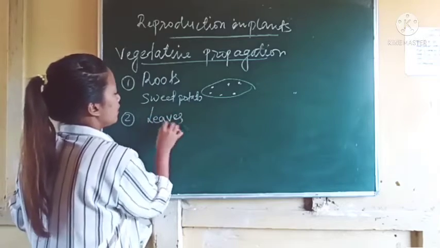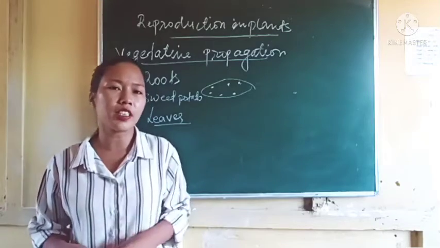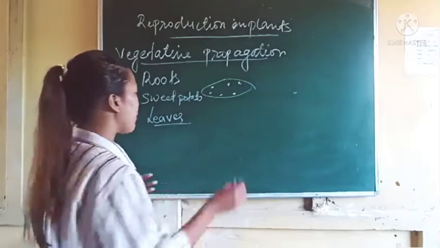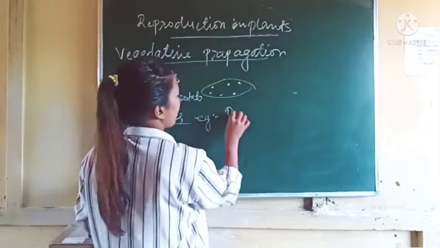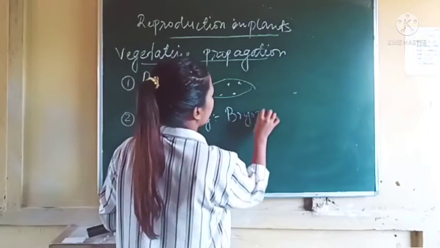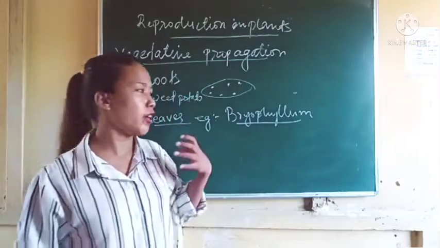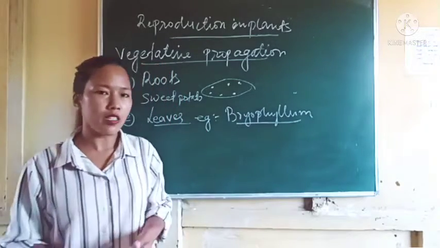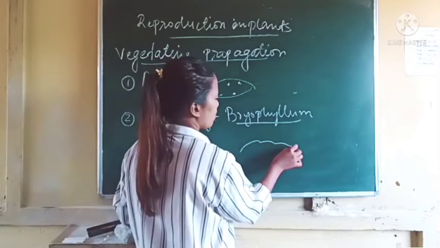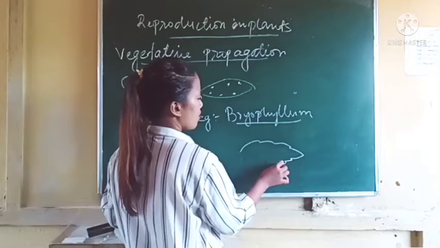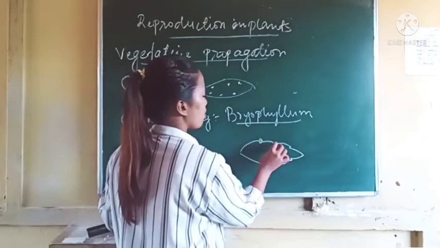In leaves, there are some plants where reproduction takes place by the leaf. One example of these plants that reproduce by leaves is Bryophyllum. Now many of you have this Bryophyllum at home, for decoration and for beauty. From the margin of the leaf, new leaves come out.